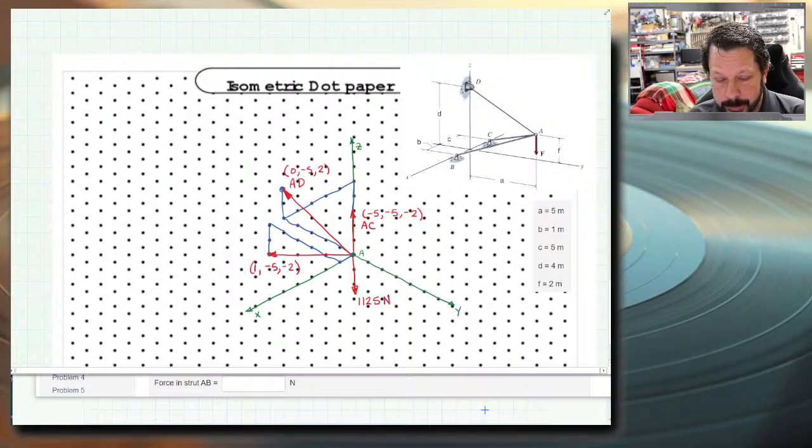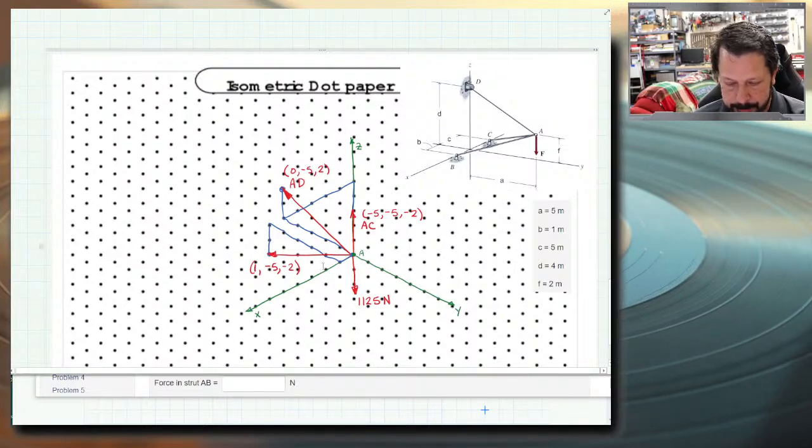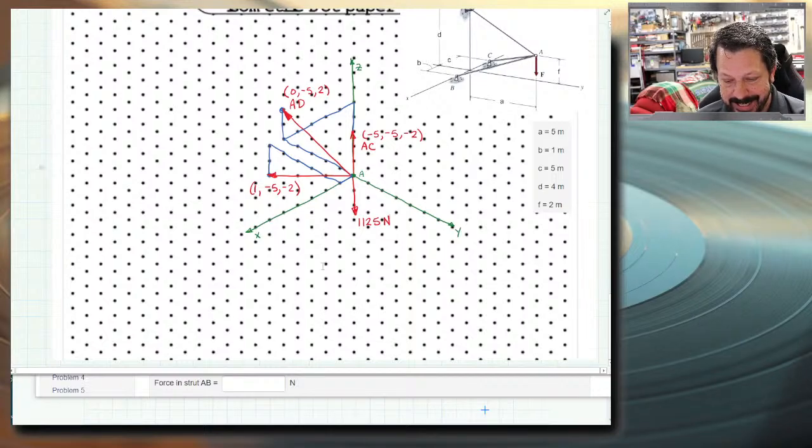So our goal is to find the forces in each of these cables, well, this cable and these two struts. I'm just checking it again to make sure that things make sense, and I think they do. All right. So what we do next is, it has another warning that we're not getting enough data.